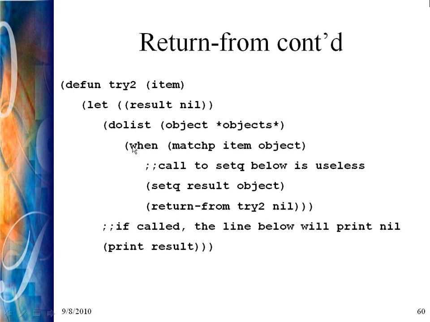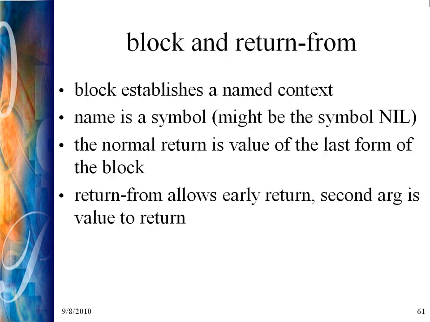We don't know what matchp is, by the way. Obviously, if these are numbers and it's just equals, if item is 2, then you know it found 2. But if matchp is something more forgiving, such as it just wanted to find an even number or an odd number, then you won't know what even number or odd number it found in this second example.